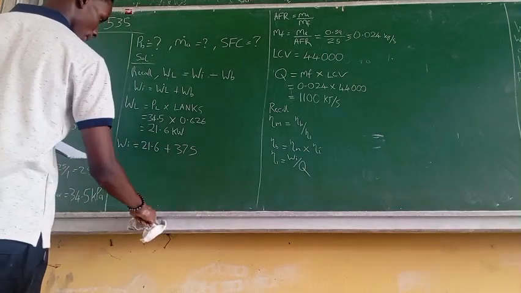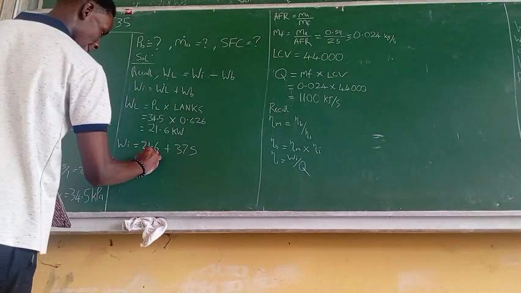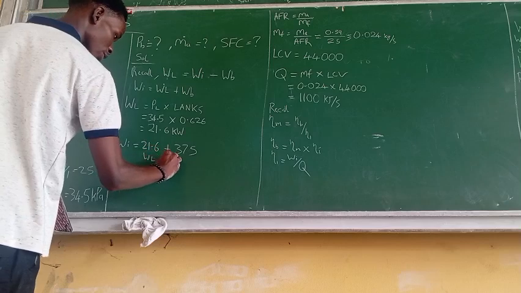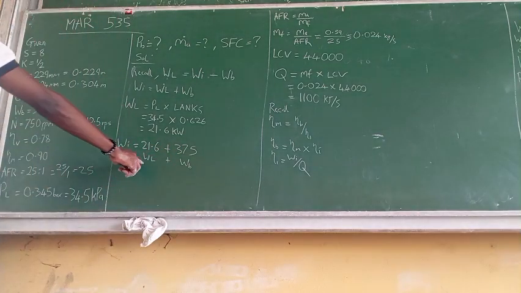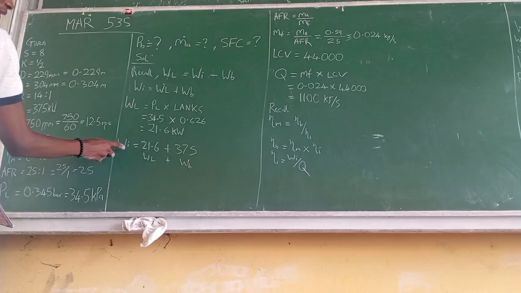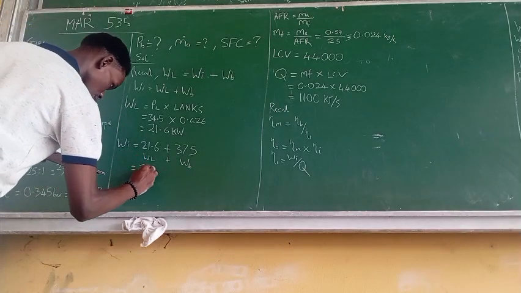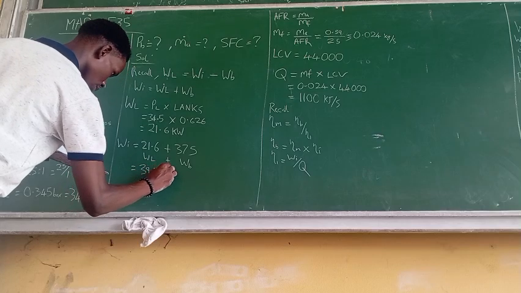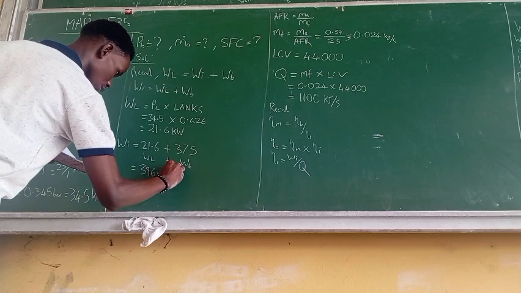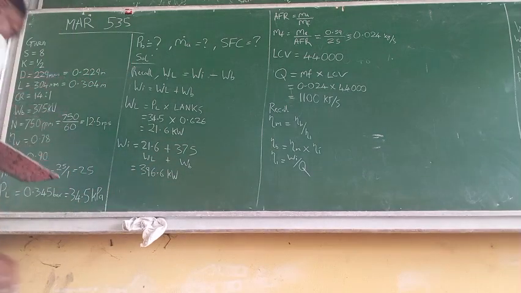So 21.6 plus this, your working loss plus your brake power, gives your indicated power here. That is equal to 396.6 kilowatts.